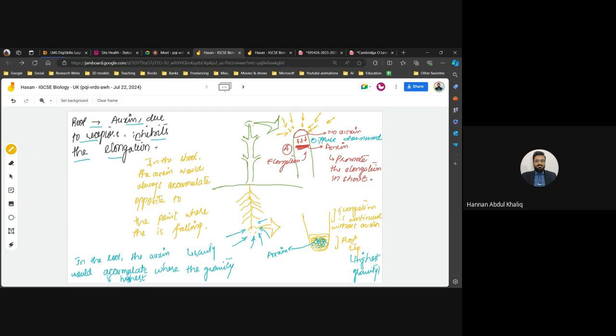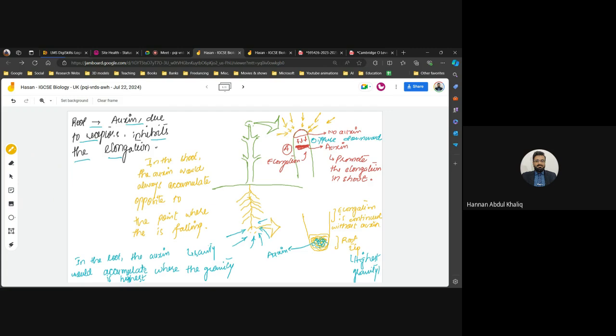But if there is no auxin in root, its absence would promote the elongation. So you can see that when all the auxin is accumulated at the point of highest gravity, all the cells at the tip are no more able to elongate. But the cells above it, since they have very little or no auxin, would elongate in the absence of auxin.